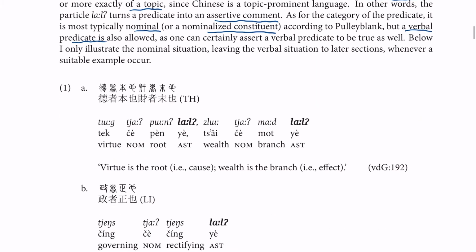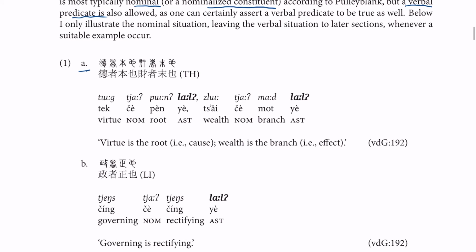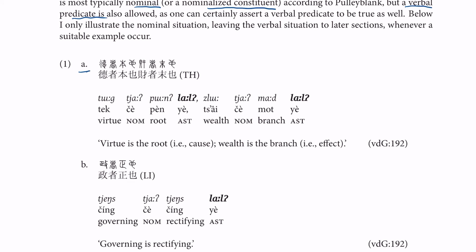Here, let's see this example in 1a. I will try to read this out. Tuk dia pun lao, zlu dia mad lao. Or in Mandarin, it sounds something like tek je pen ye, cai je mot ye.